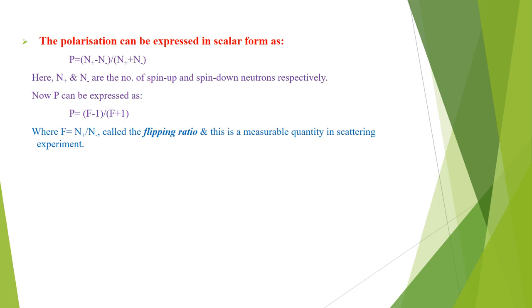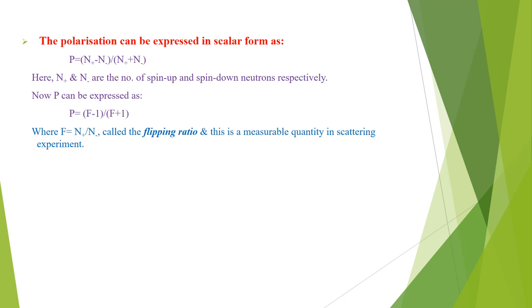Here we see that the polarization can be expressed in scalar form as P equals n plus minus n minus divided by n plus plus n minus. Here n plus and n minus are the numbers of spin up and spin down neutrons respectively.